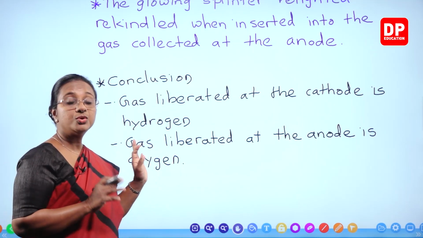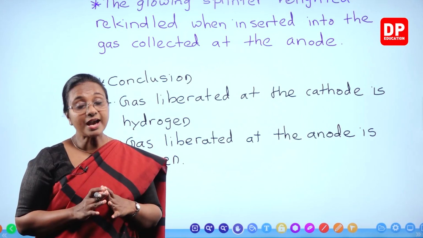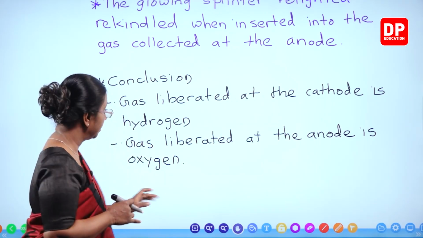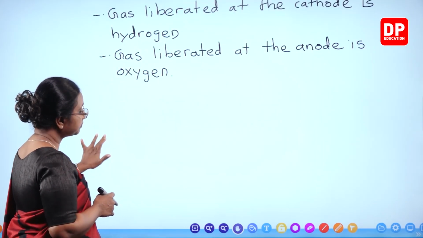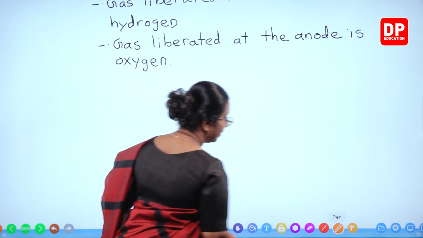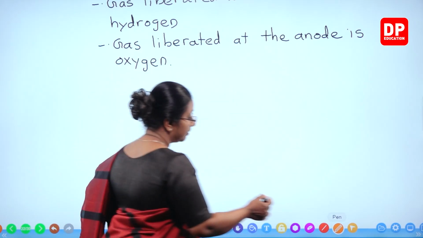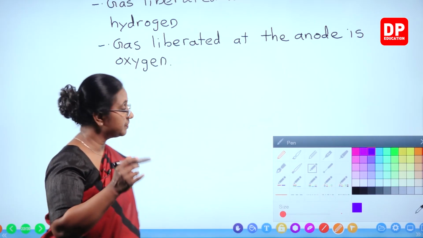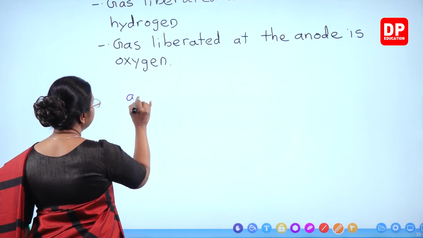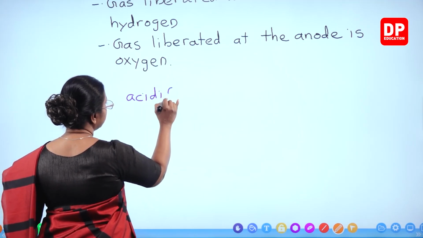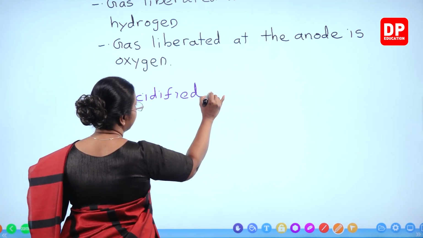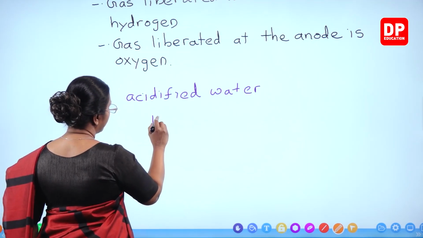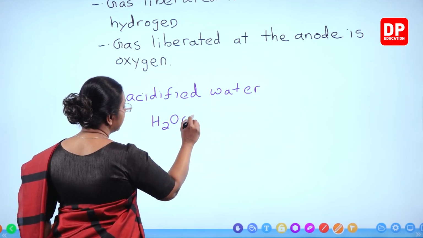Now in this also, we need to understand the reactions related to electrolysis of acidulated water. Of course, students, I am not going to draw the electrolytic cell. I will explain the process because this is acidified water. What are the ions present? Water is H2O liquid.